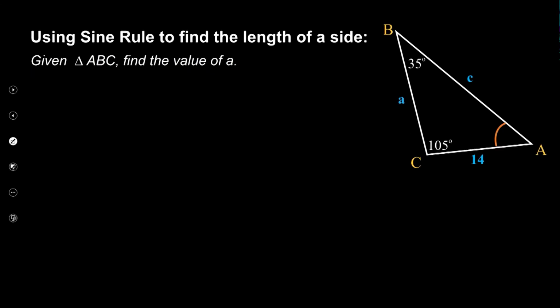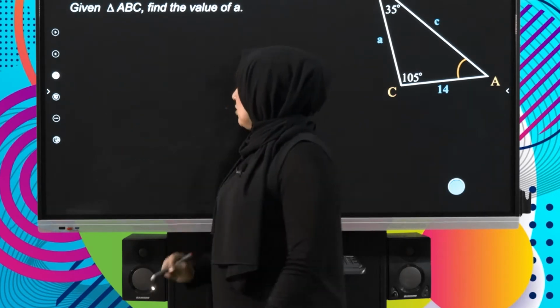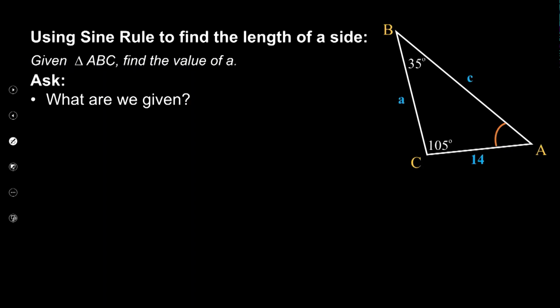Okay, so we found the length of one of the sides. Now we're going to use the same diagram and find the other missing side. So let's go back to our diagram again. Now they want us to find the value of A. It's the same diagram, so nothing's changed except what they're asking us to find.